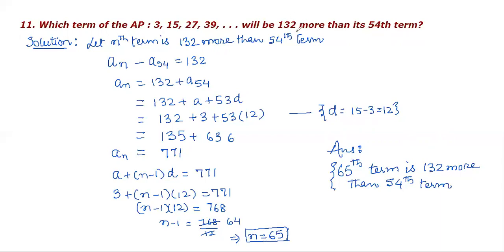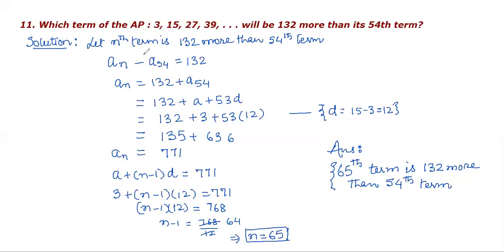So let us assume that the nth term is 132 more than the 54th term. So nth term is always represented by an. So an minus a54, because this term is greater than the 54th term by 132.